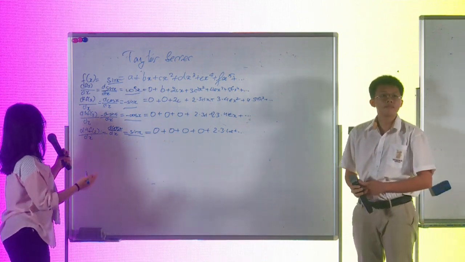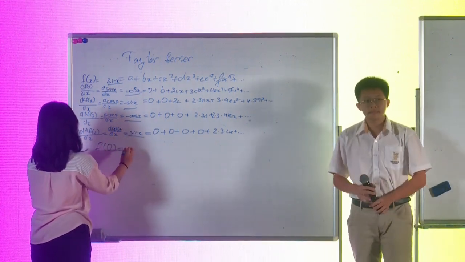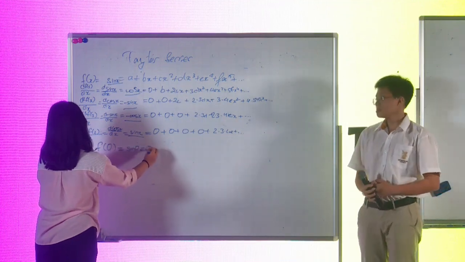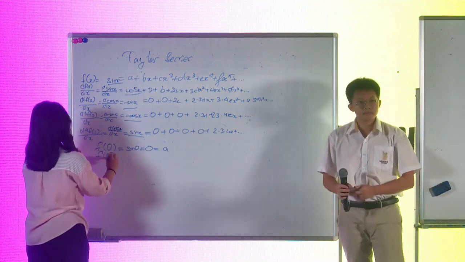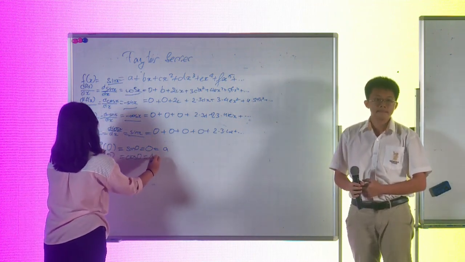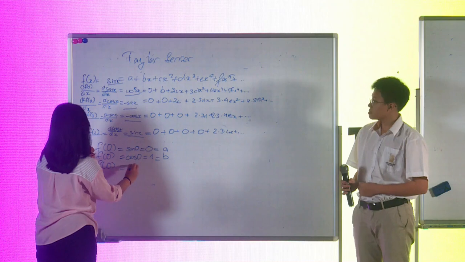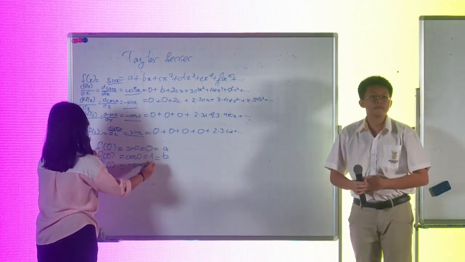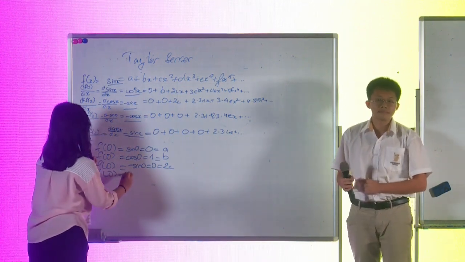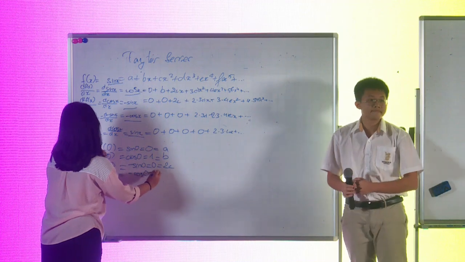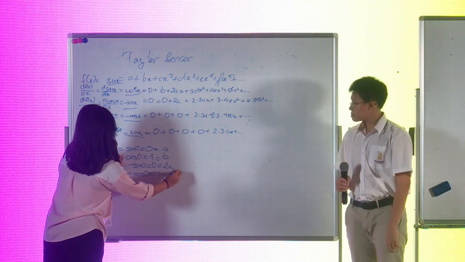So now we will plug in 0 for x to find the coefficients. So f(0) is equal to sine of 0, which is equal to 0, which is equal to a. f'(0) is equal to cosine of 0, which is equal to 1, which is equal to b. f''(0) is minus sine 0, which is equal to 0, which is equal to 2c. f'''(0) is equal to minus cosine of 0, which is equal to minus 1, which is equal to 2 times 3d.